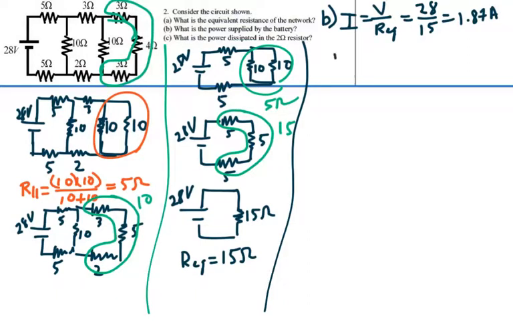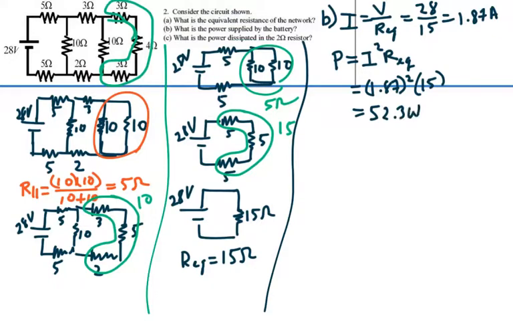So the power dissipated by the circuit, which will be the power supplied by the battery as well, would be equal to this current squared times the equivalent resistance of the whole circuit, and that's going to be 1.87 squared times 15 ohms, and that is equal to 52.3 watts, joules per second.